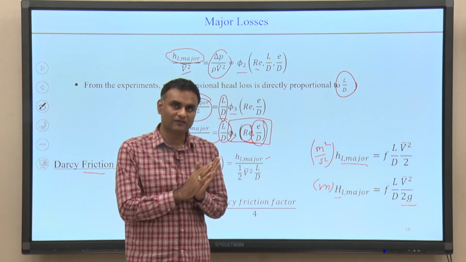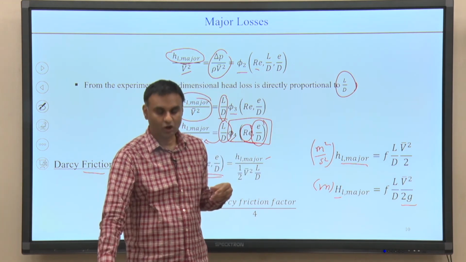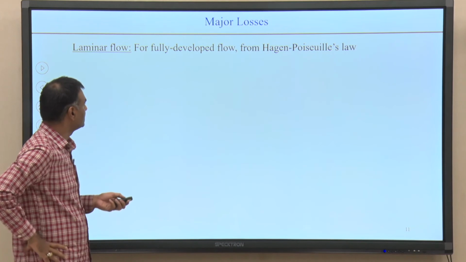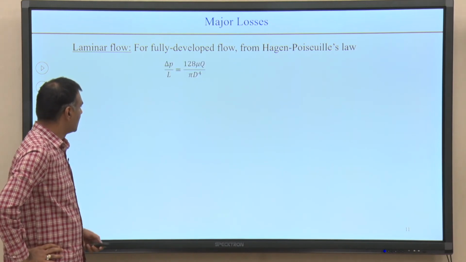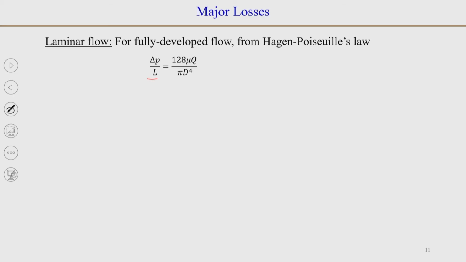Of course, we could do it for laminar flow, and we can rearrange the equation that is obtained for pressure drop in laminar flow. So, we know for laminar fully developed flow that the Hagen-Poiseuille law gives us that the pressure drop per unit length is equal to 128 mu q divided by pi d to the power 4, where q is the volumetric flow rate.